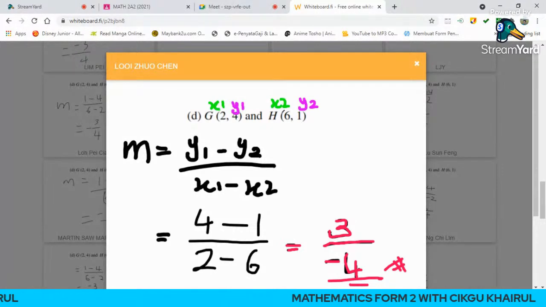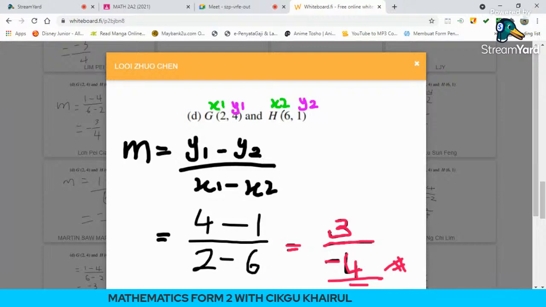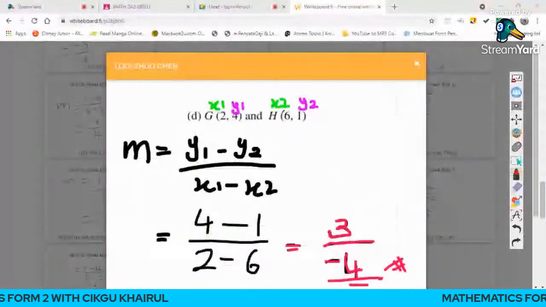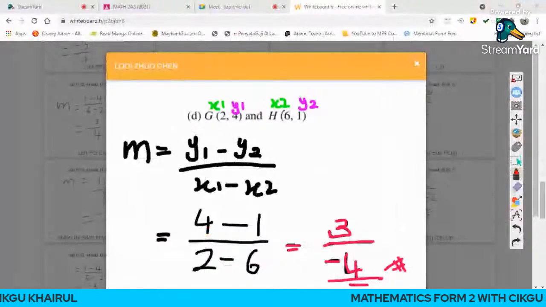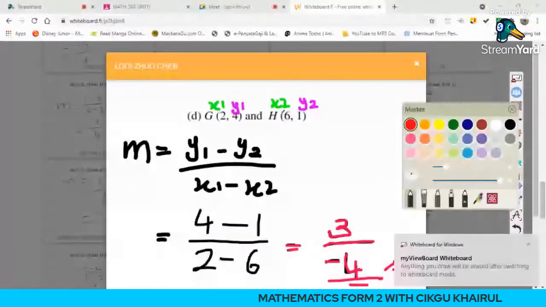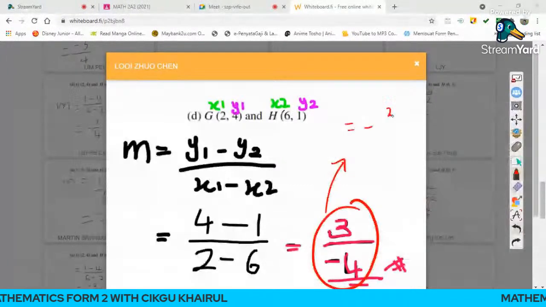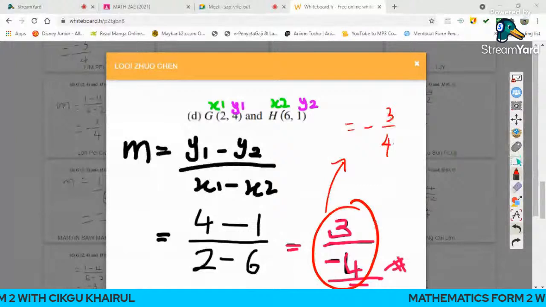Should write negative 3 over 4. You write negative in the middle. You should write as your final answer equal to negative 3 over 4 like this, or negative on the 3, either one. Okay.